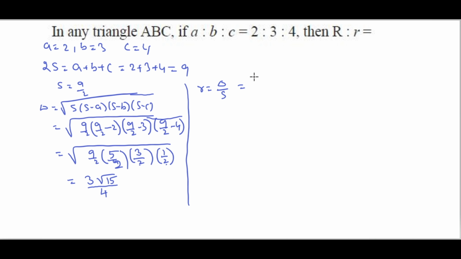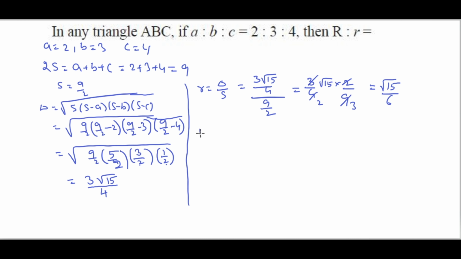Small r is equal to delta by s, that is 3 root 15 by 4 divided by 9 by 2, equal to 3 by 4 into root 15 into 2 by 9. The 3 cancels and the 2 cancels, so it is equal to root 15 by 6.